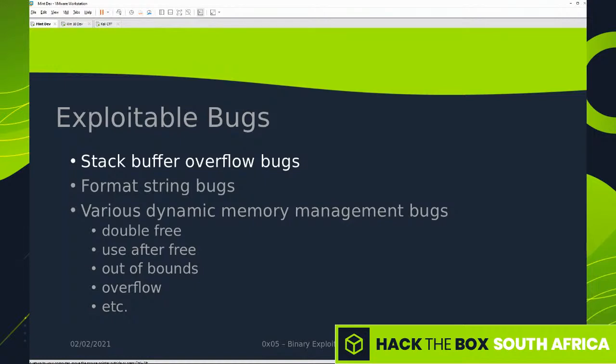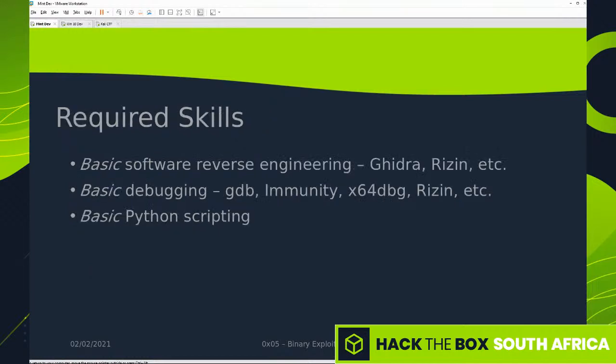It's actually just limited to the imagination of the developer, I guess, on what they write and what sort of holes they open. So to get into what we're going to do tonight, we actually need a few skills, but I'll go through them this evening, so don't worry if you don't know how to do any of these things. You need some basic software reverse engineering skills.